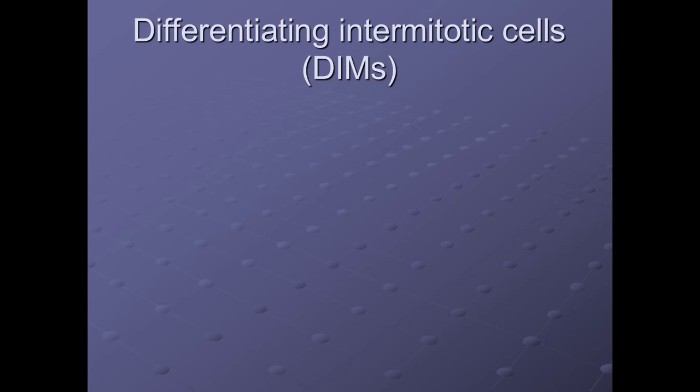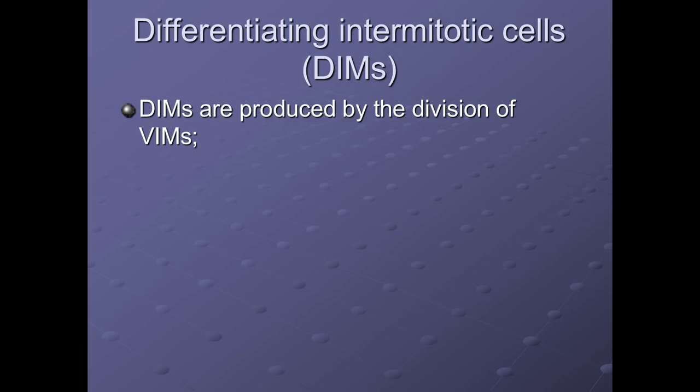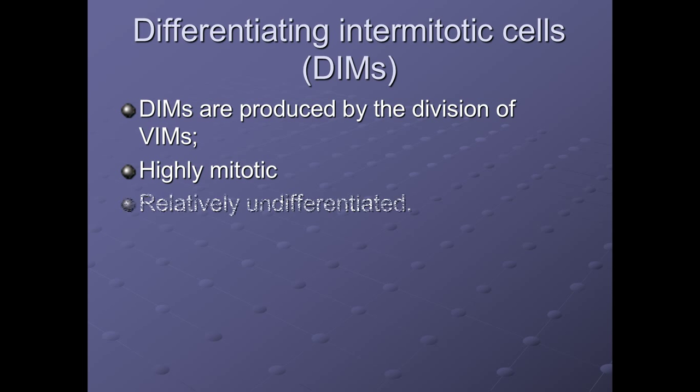The next type of tissue is differentiating intermitotic cells, DIMs. Now, VIMs are highly undifferentiated, and they differentiate into DIMs. So DIMs are a product of the division. Once a VIM cell divides, it becomes a DIM. These are still highly mitotic, but as they have been produced from VIMs, they are the next level in differentiation.